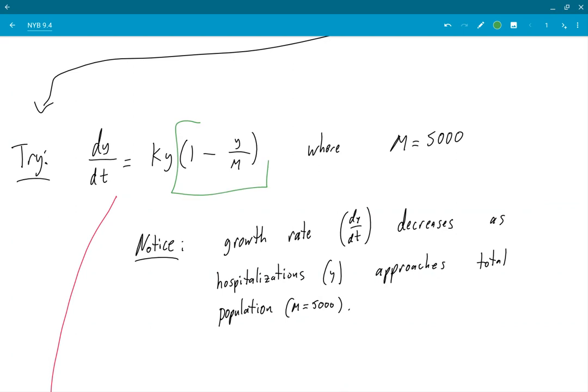Okay, this factor makes my growth rate shrink as y gets closer and closer to m. We're going to call m the carrying capacity.